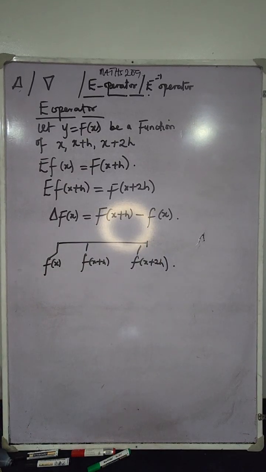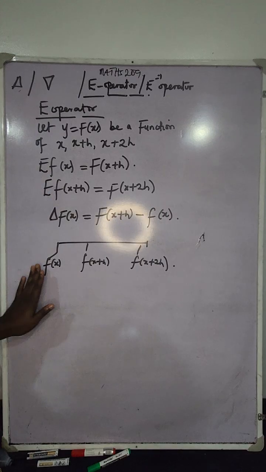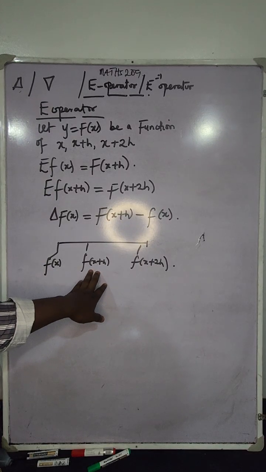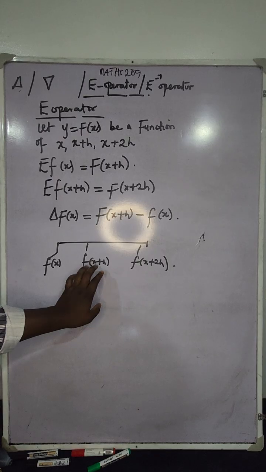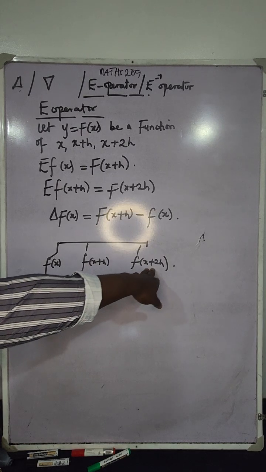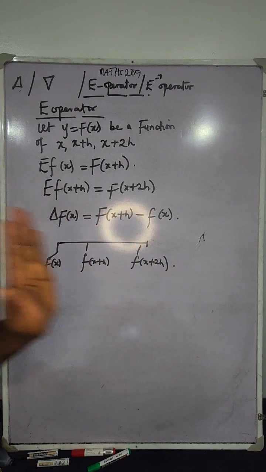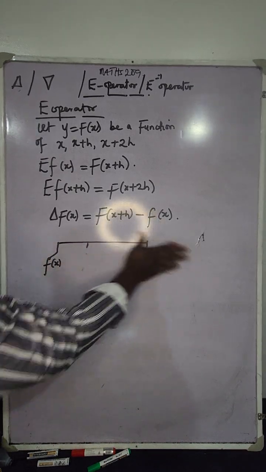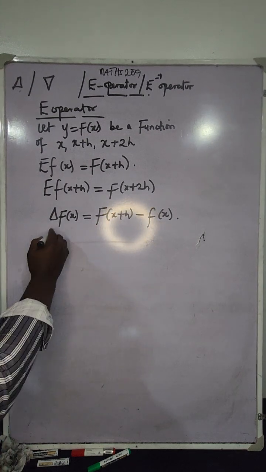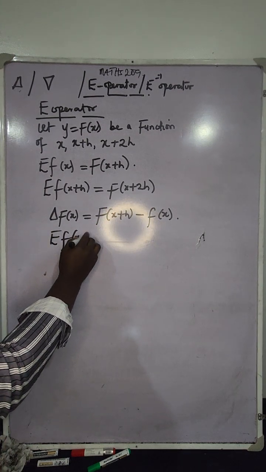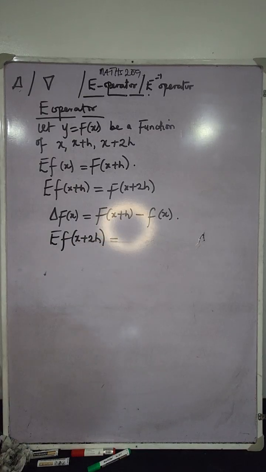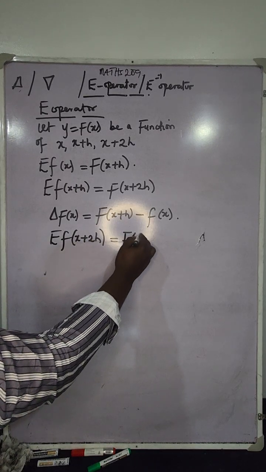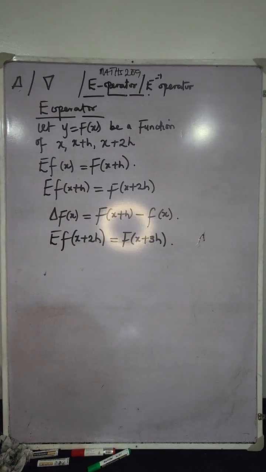E f of x means push to the front, just one movement. So E f of x plus 2h gives f of x plus 3h. I'm simply pushing this person to the front. That is what it means.